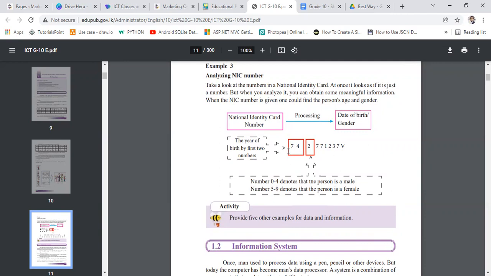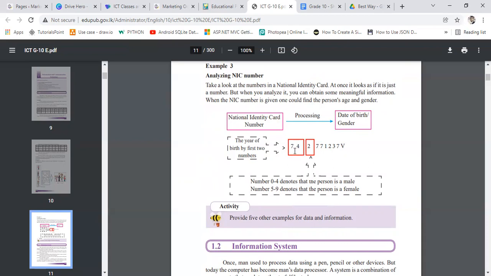Okay, so that's also information. So we are just getting something now. When we analyze, we come to know that it is an NIC number, then that is information. And these two digits actually mention the year of birth.